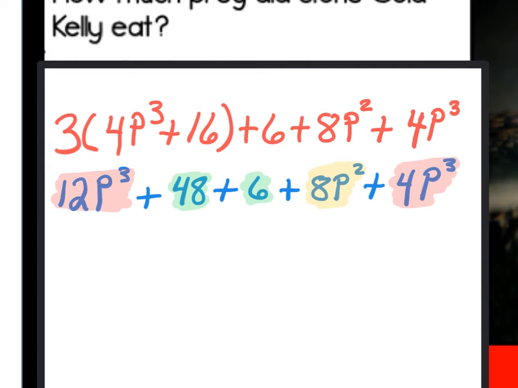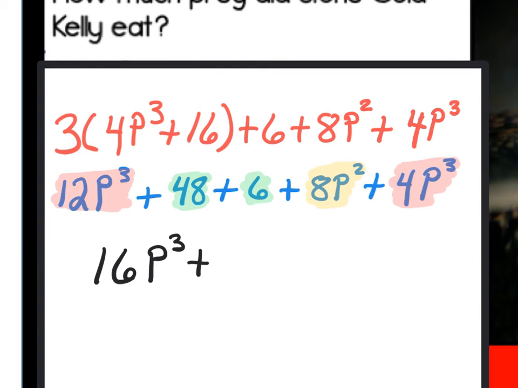Now I can combine my like terms, and I'm going to start with the red. 12 plus 4 is going to give you 16, so I'm going to write 16p to the 3rd power. My next term is just the numbers: 48 plus 6 is going to give me 54.